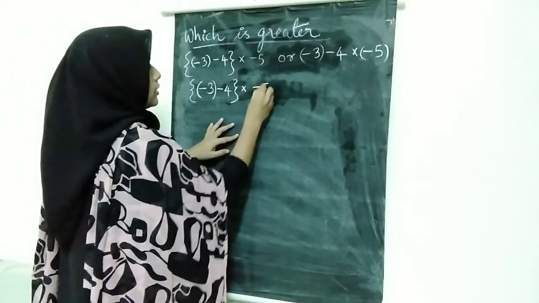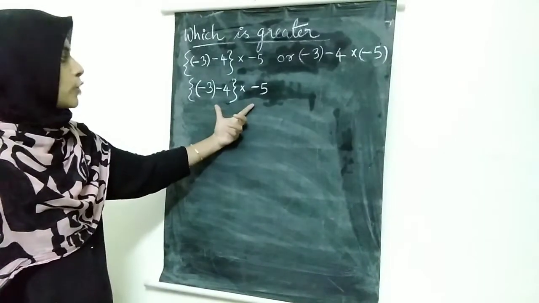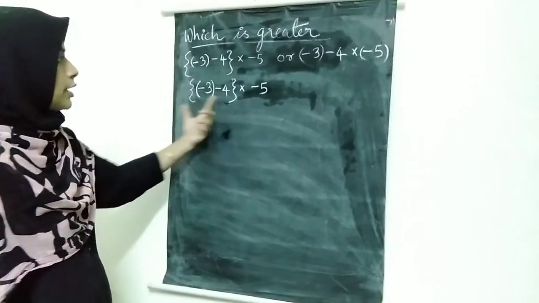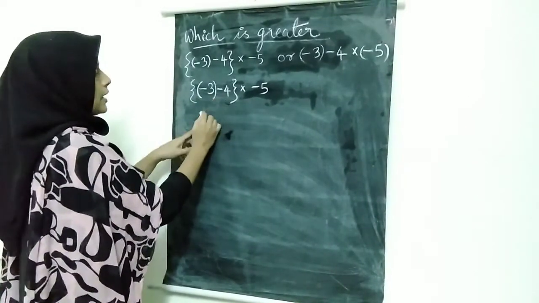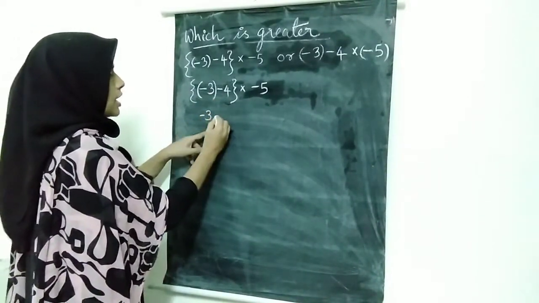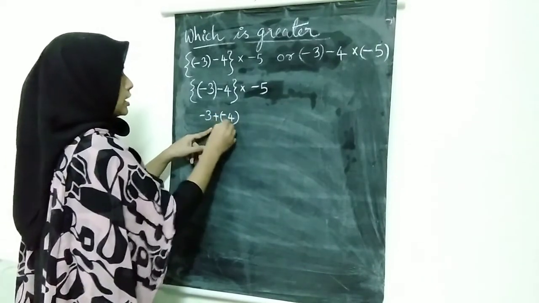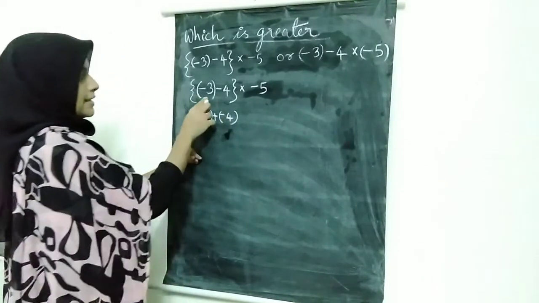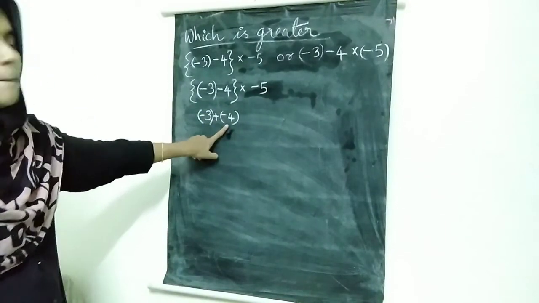When you get a question like this, first we will solve the bracket. So -3 -4 means -3 plus -4.